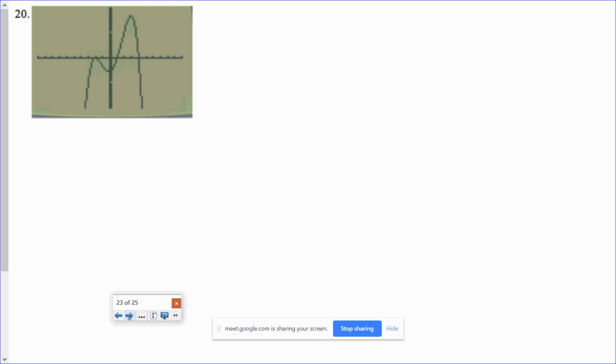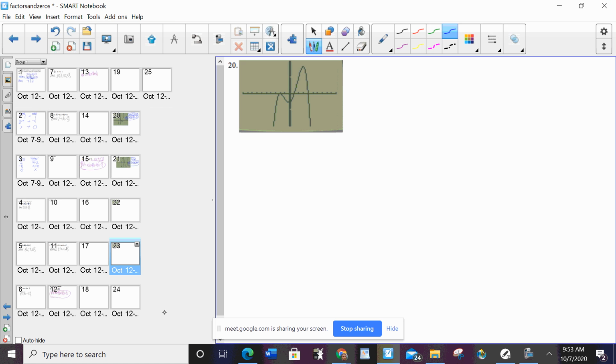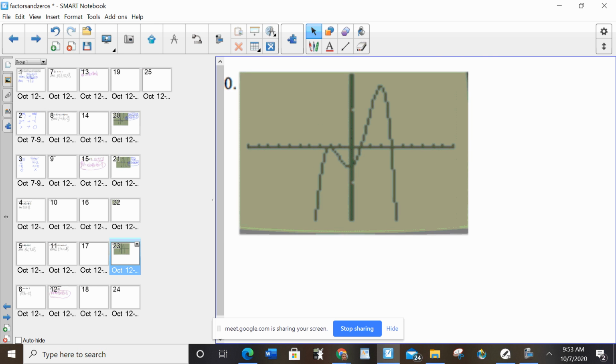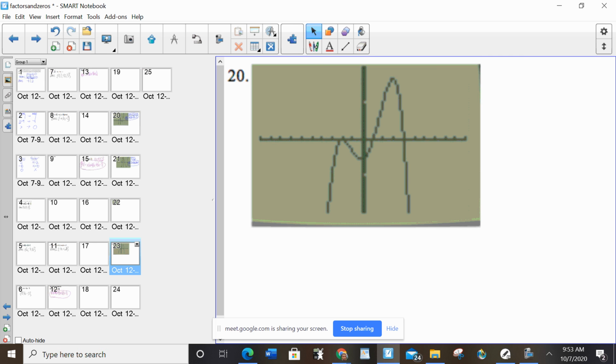One little twist I want to talk about. I want to take a look at number 20. Again, I'm going to start the same way. Find your zeros.